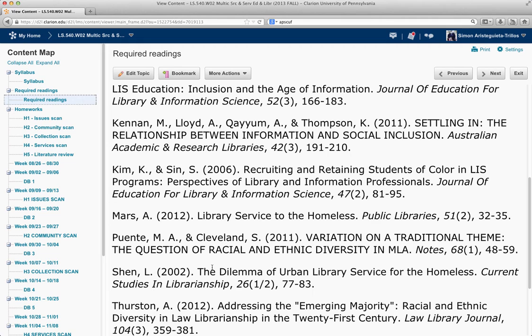Physical access. Imagine that. And then there are other issues such as accessing information because you don't have the understanding, you don't have the educational background, or there is a language barrier, or they don't let you use the computers because you're poor or because you're homeless. So there are many issues in regards to diversity and multicultural services and collections and programs.